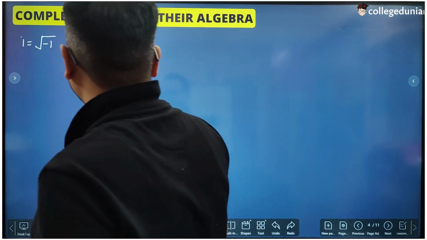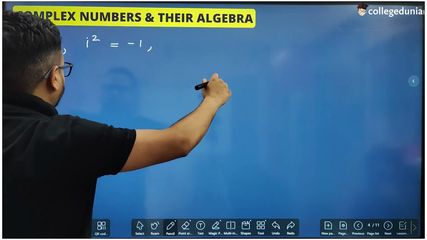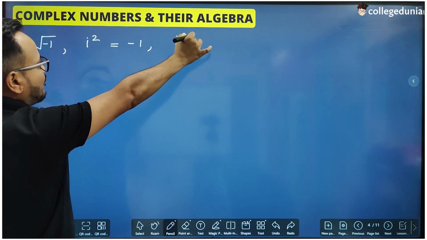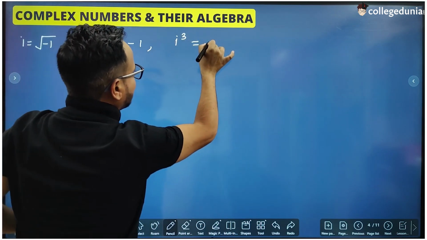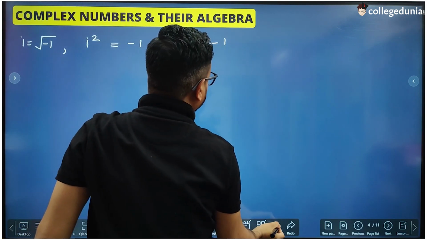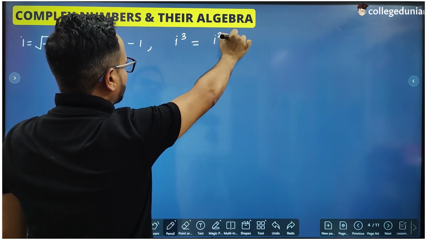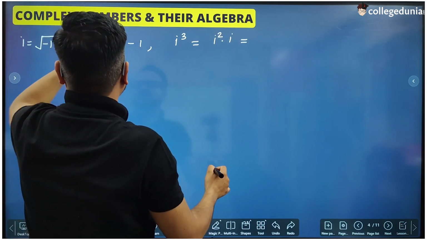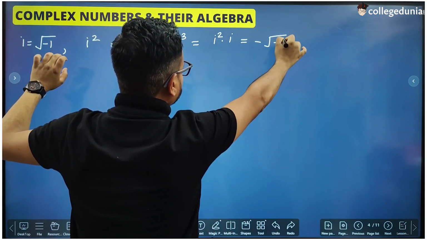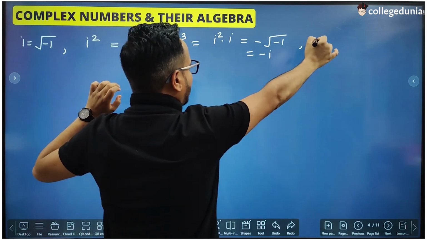So you have to know all these values directly: the value of i is under root minus 1, the value of i square is minus 1, and the value of i cube is simply i square into i, and i square is minus 1 and i is under root minus 1. So this is minus under root minus 1, which can also be written as minus i.